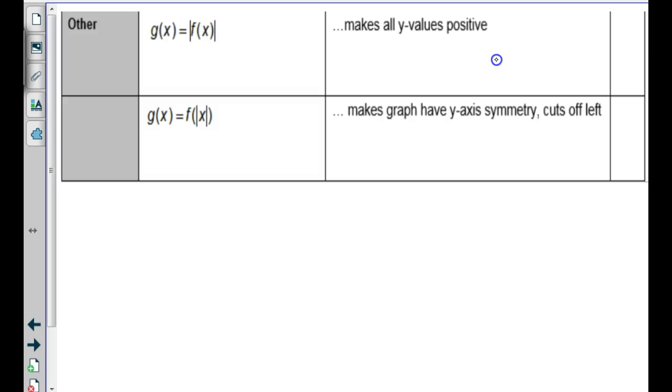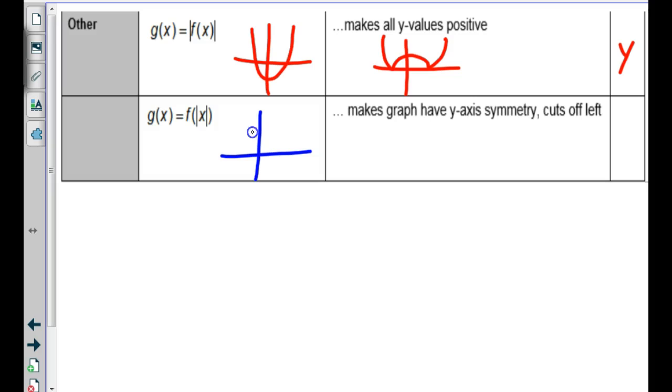All right, so on the outside, let's just draw this real quick. If this was our graph, it would now look like this. All the x's would be positive, so it's changing y's. Let's see. Yes, it would.